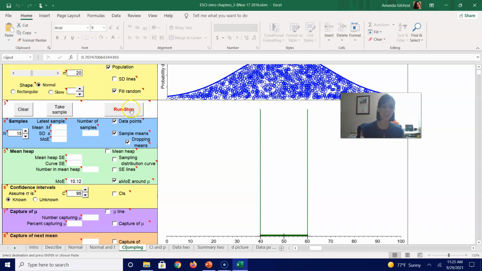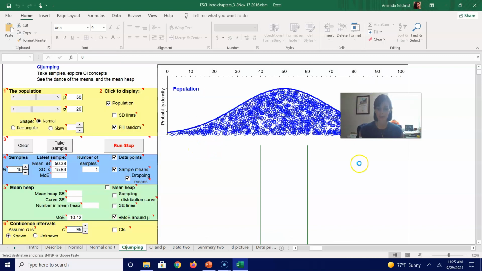So I'm going to go ahead and start running this, and we're going to see how many of these dropping means fall outside of our margin of error. So far, so good.